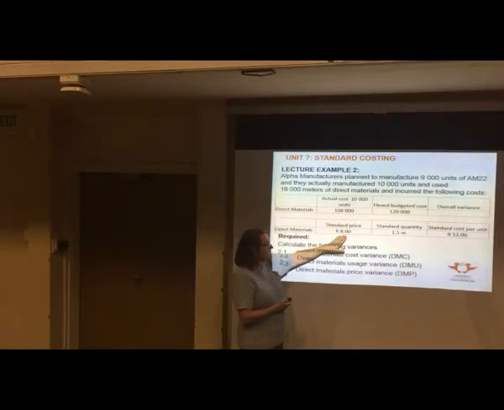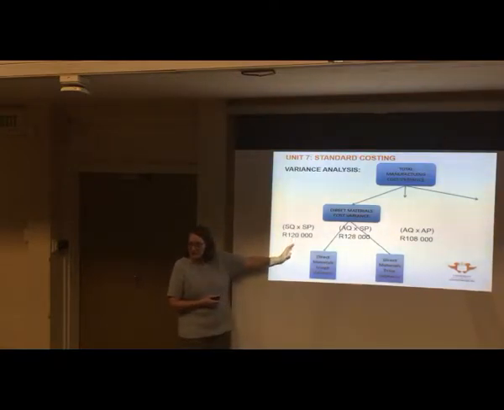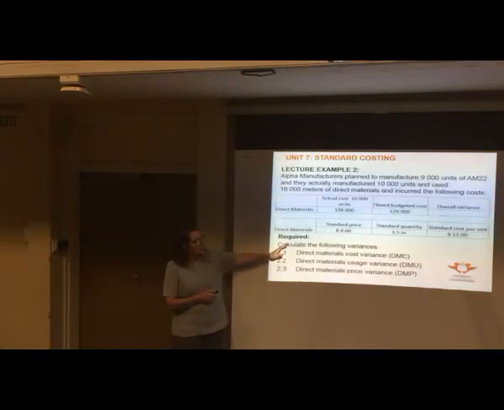So standard quantity times standard price is 10,000 units times 1.5 times 8. We flexed it to 10,000 units. It's not the standard, it's the flexed number of units we actually produced.